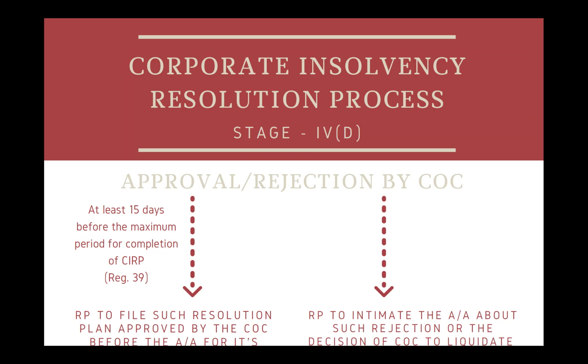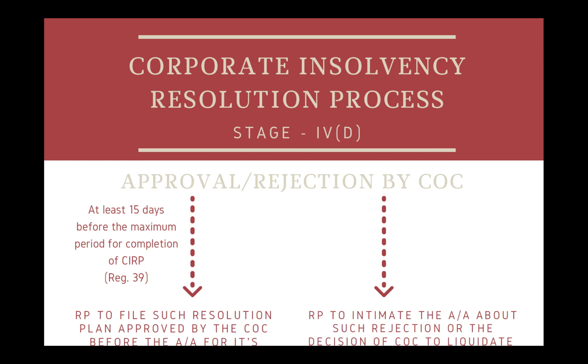And fifth, whether the resolution plan is in contravention of any law. If it is in contravention of any law, it is not a compliant plan. And any other requirements or specifications which the IBBI may come forward with also have to be looked into by the resolution professional.